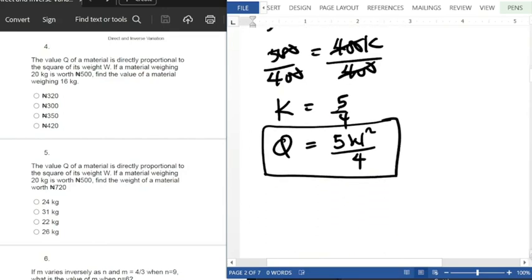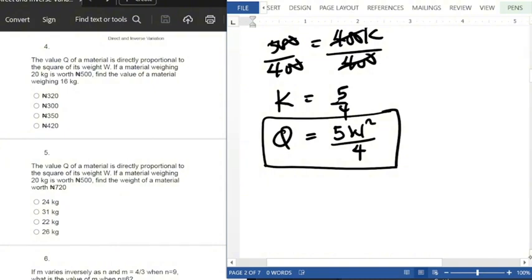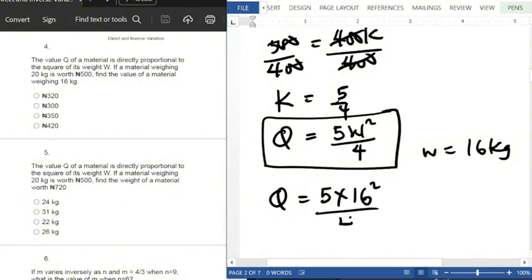Now, find the value of a material weighing 16 kilograms. We're looking for Q and we have W equals 16 kilogram. So that means we're going to have 5 times 16 squared all over 4. 16 squared gives us 256.